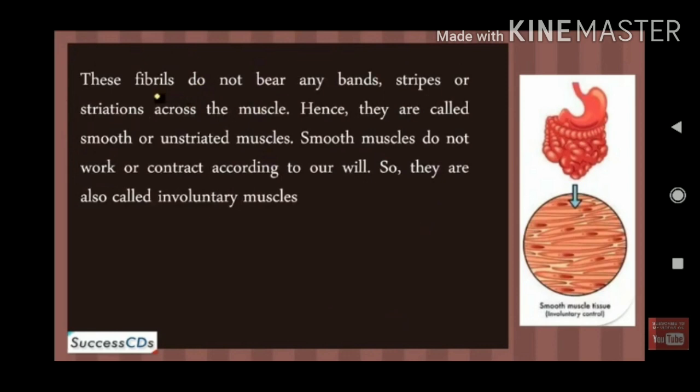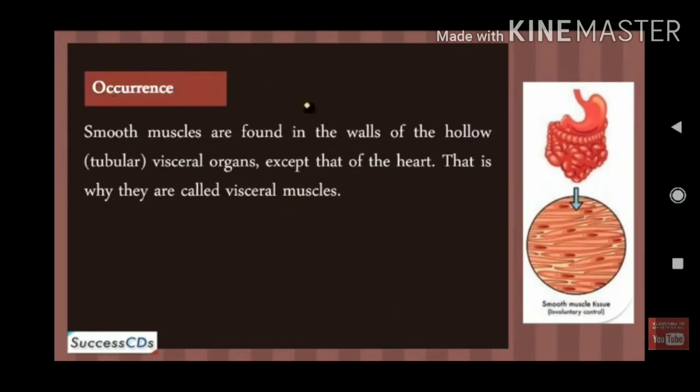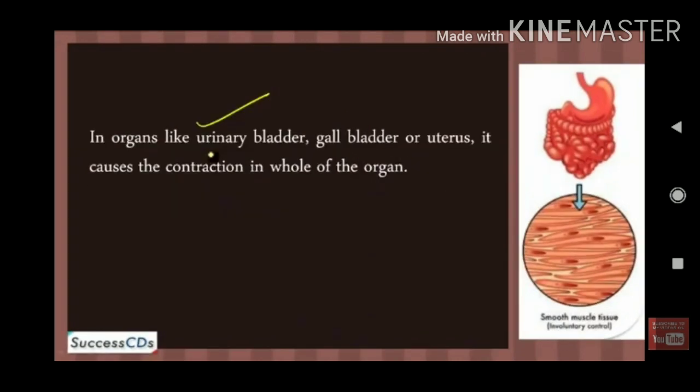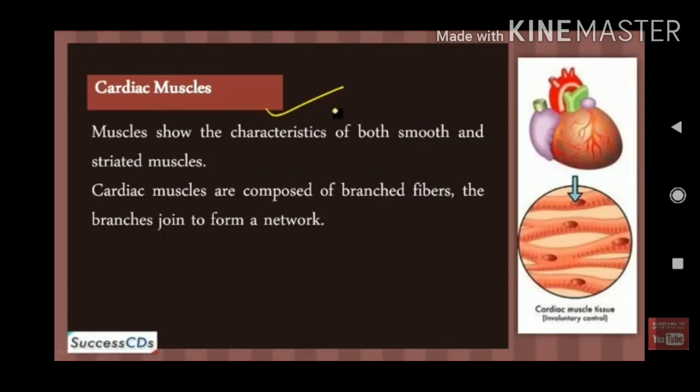The dark and light bands are absent, so it is an unstriated muscle. Examples of smooth muscles are in our internal organs like blood vessels and kidney. All the internal organs are based on smooth muscles. Clear? Okay.